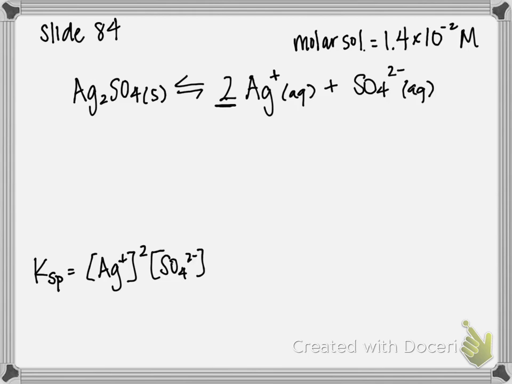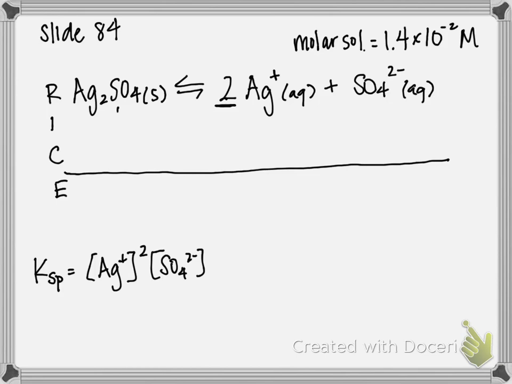So now I can set up my ICE chart. I got my reaction, my initial concentration, change, and equilibrium. It doesn't give us any kind of concentrations. We're going to ignore the silver sulfate because it's a solid, and we're starting off with concentrations of 0 for both of our ion products.